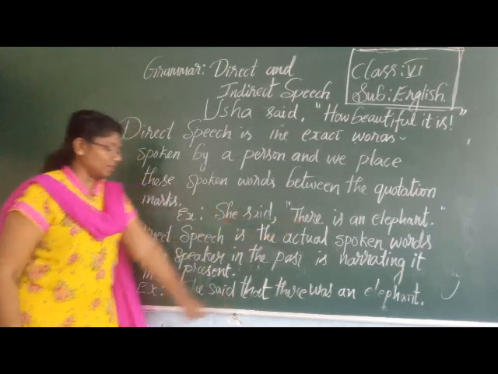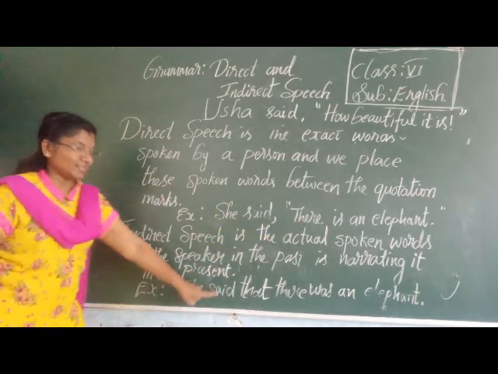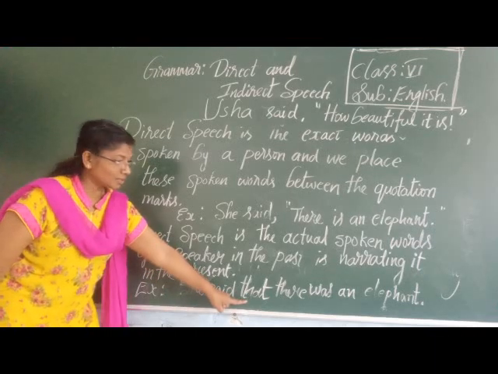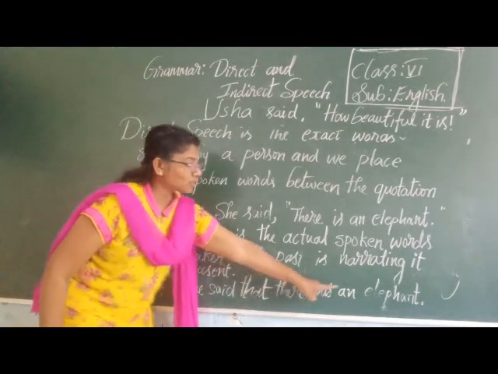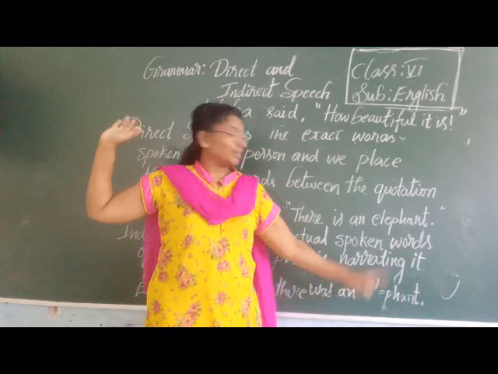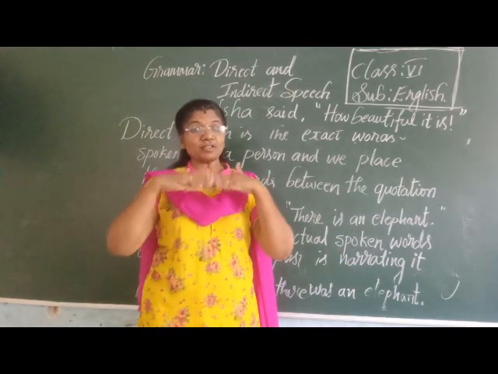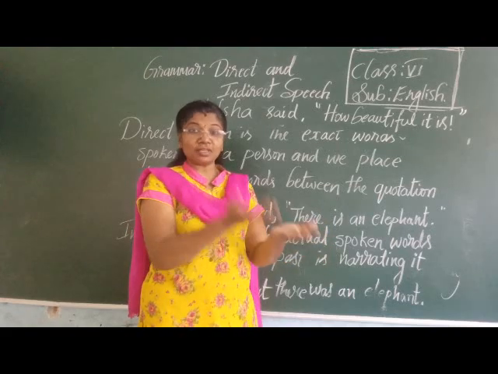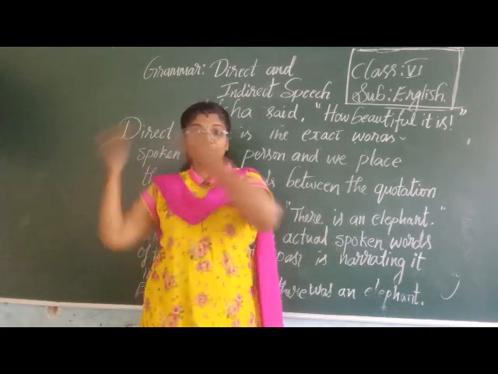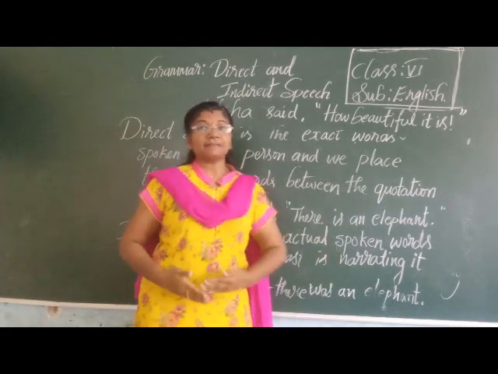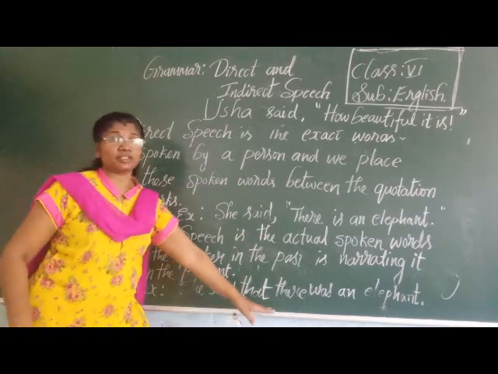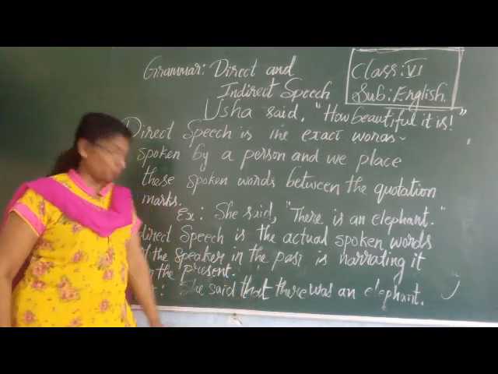See, same sentence now: She said that there was an elephant. There is an elephant. Now, in the present, you are narrating the actual spoken words in your own words, so you have to change the tense first in indirect speech.